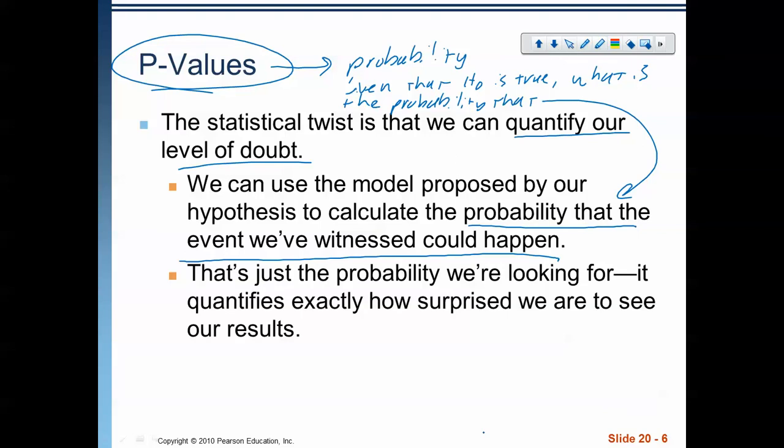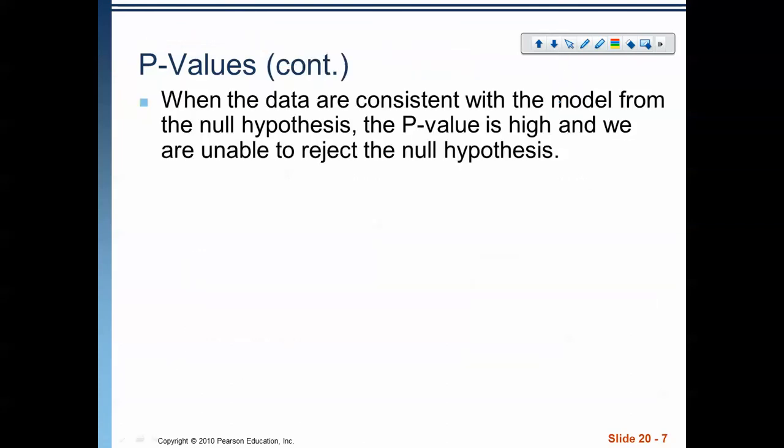And that p-value quantifies exactly how surprised we are to see our results. It tells us just how rare of an event it is, and that's called a p-value.